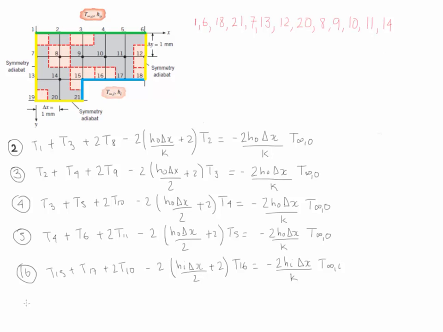Let's do the same thing for node number 17. The surrounding nodes are 16, 11, and 18.